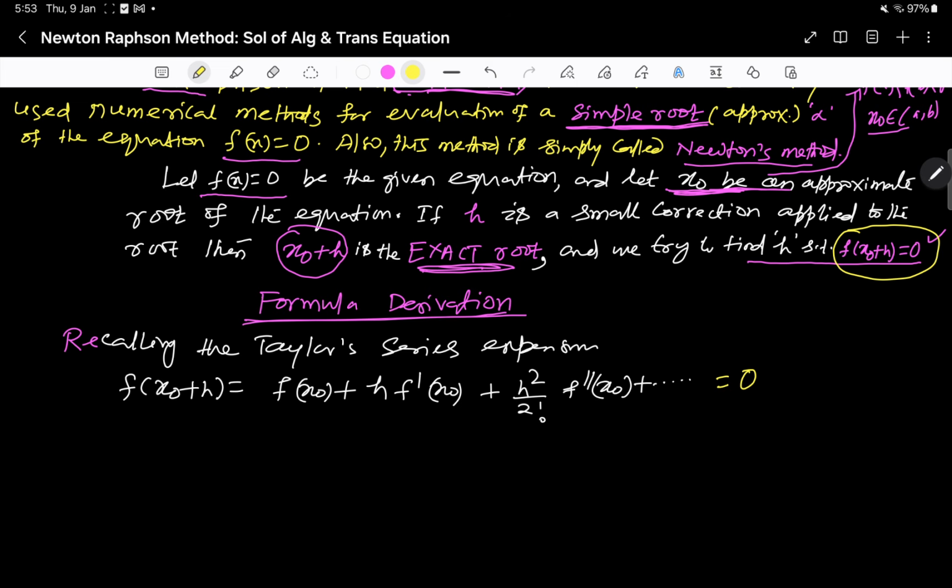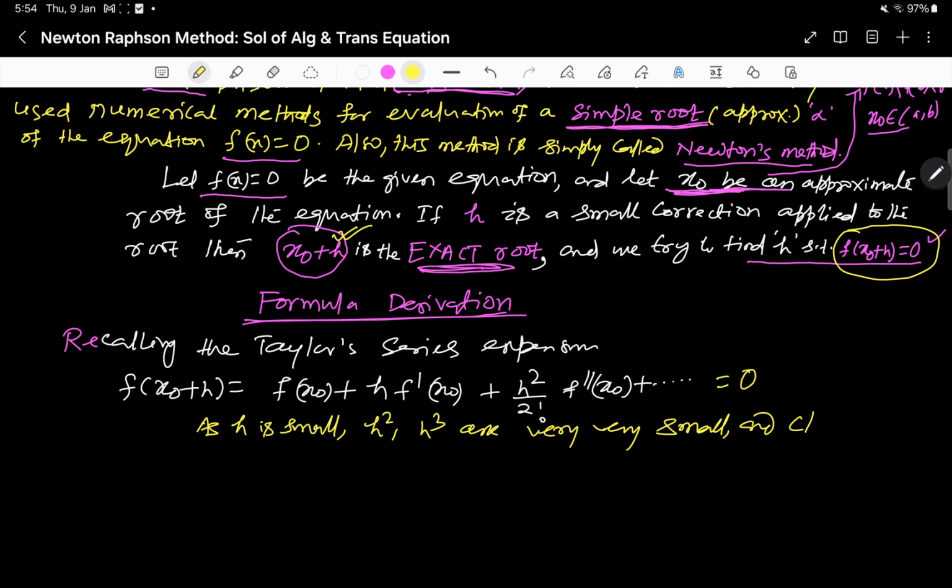Now this h, the error quantity, is very small. So h squared, h cubed are very small and close to 0, so you can omit them.